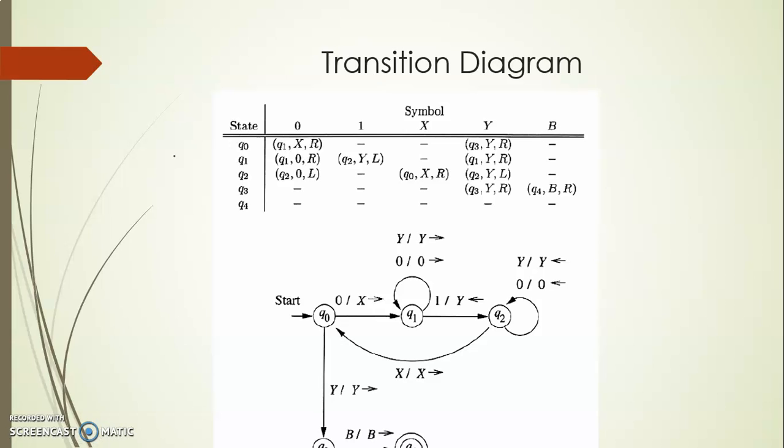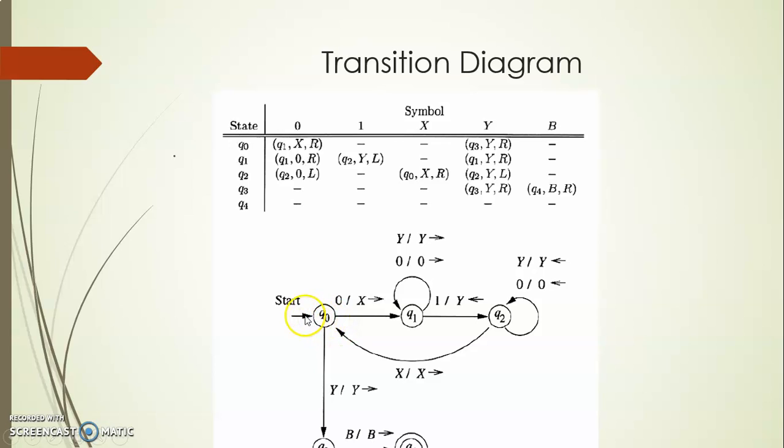So for example, I'm not going to describe all the transition functions given here. We'll just take one or two. Say here Q naught, when it scans 0, goes to the state Q1, replaces 0 by X, and the tape head moves towards right. How have they represented each state? A circle or a vertex. So Q naught, Q1.